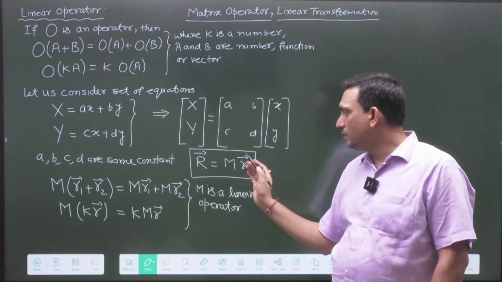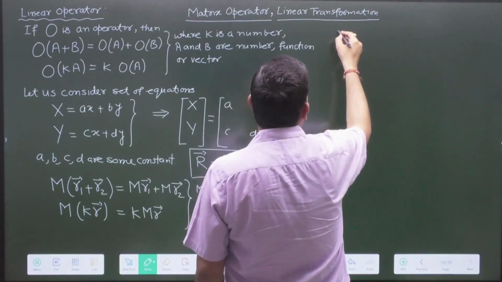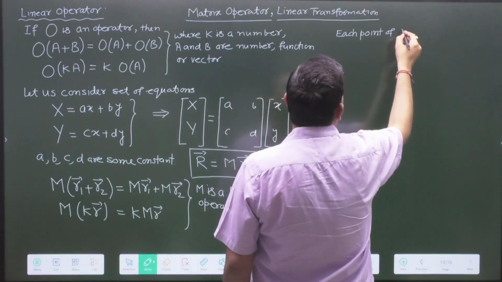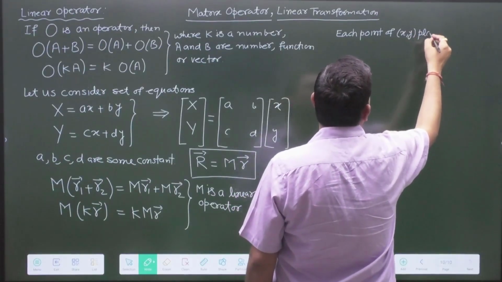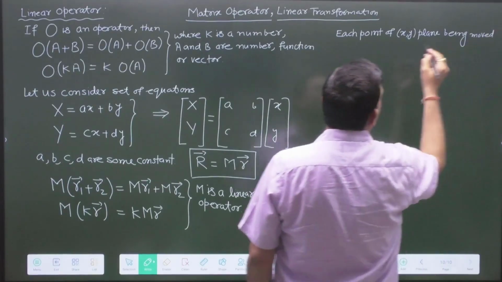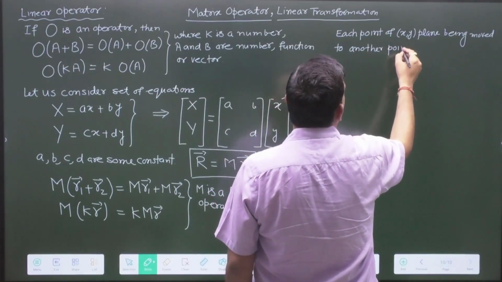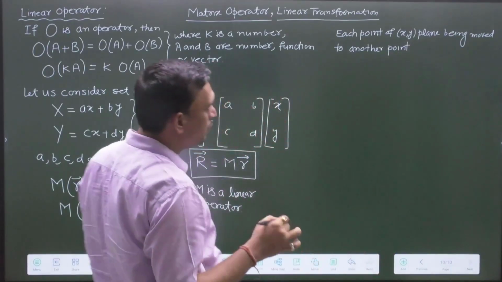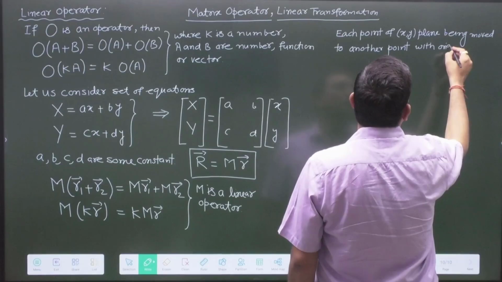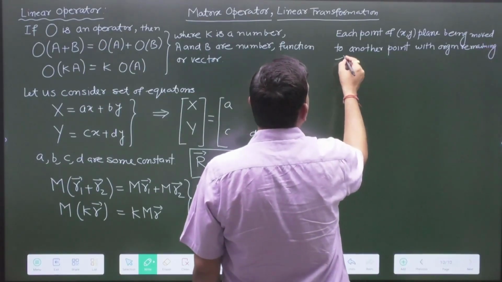So that is rotating this vector from r to capital R. So in this case, each point of the xy plane is being moved to another point with the origin remaining fixed.